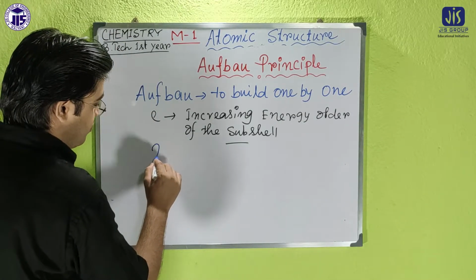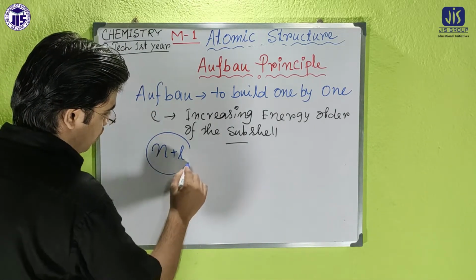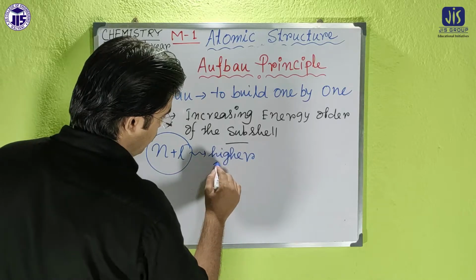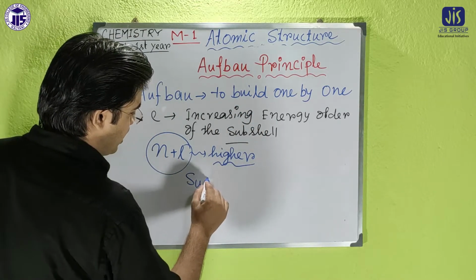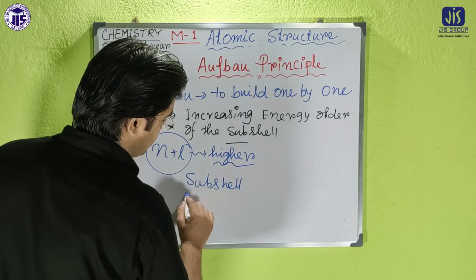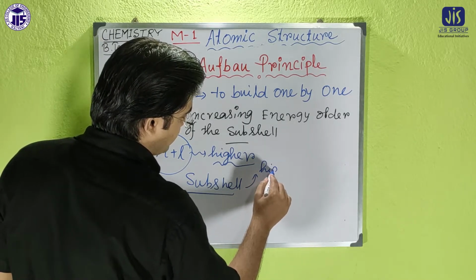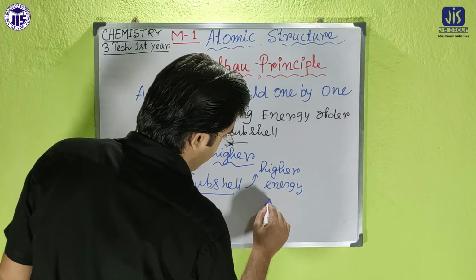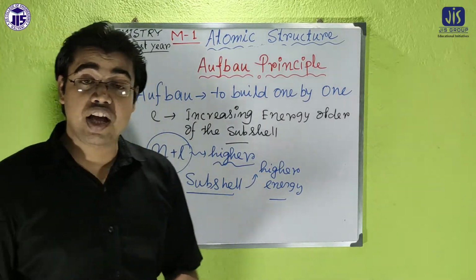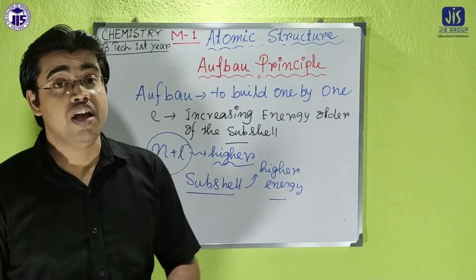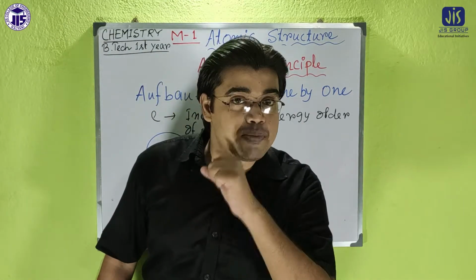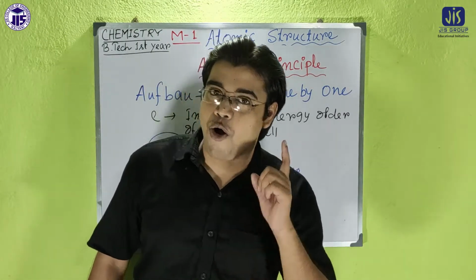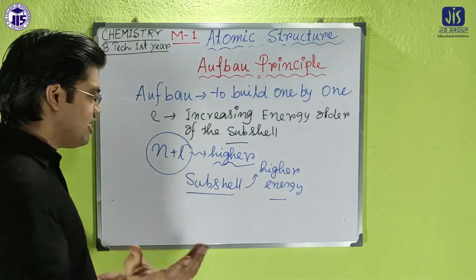The rule is that where the n plus L value is higher, that subshell will have higher energy. So we have to check the n plus L value, the summation of the principal quantum number and the azimuthal quantum number. Then only we can compare the energy order of the subshells one by one. I can give you one example.